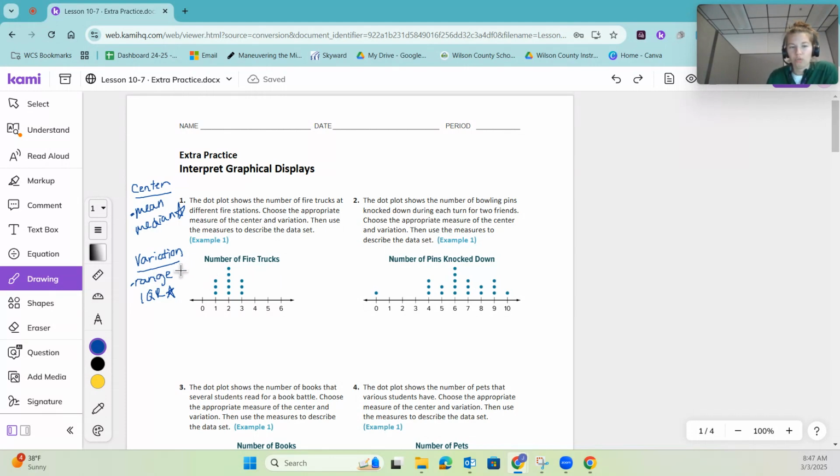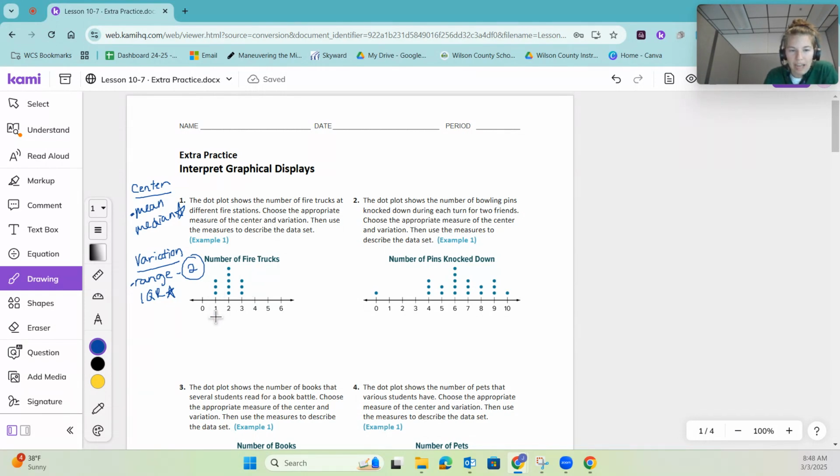Your range is the distance between the largest and smallest numbers. The distance between 1 and 3 is 2, so your range is 2. 3 minus 1 is 2.